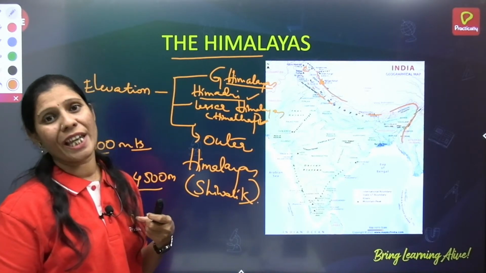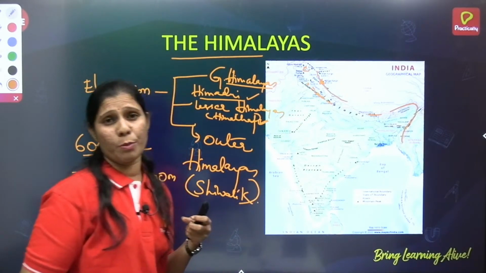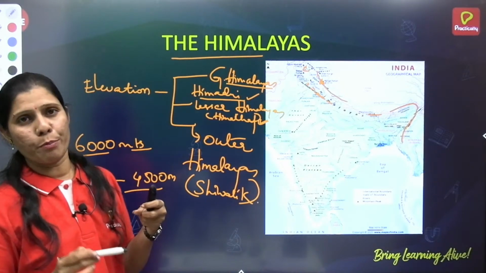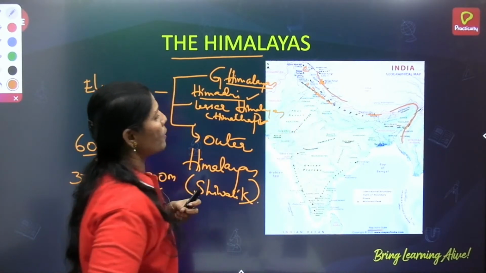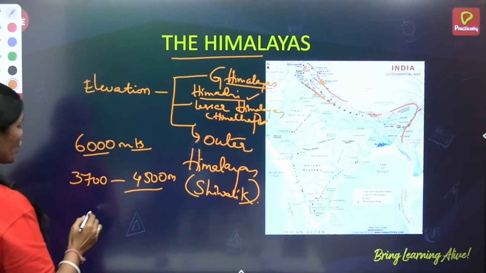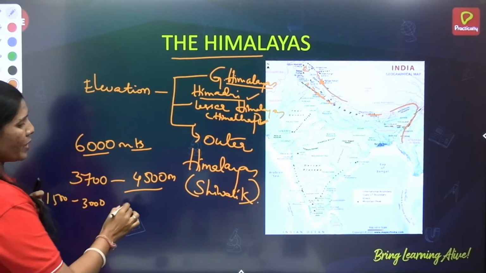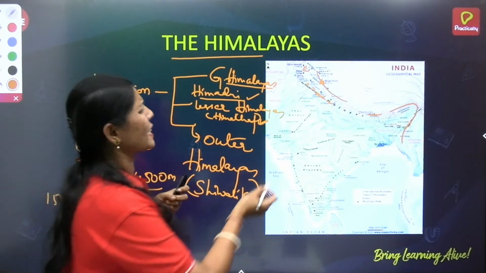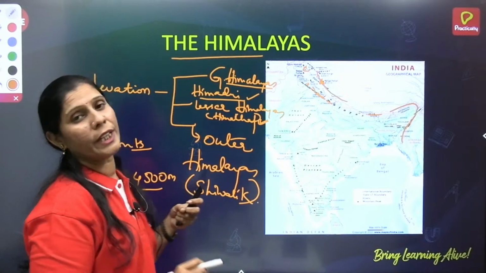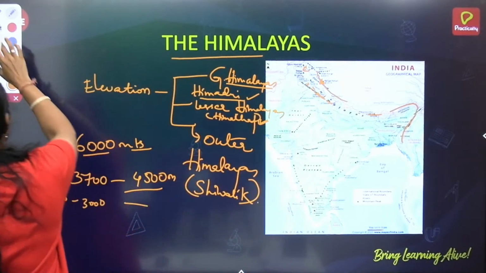We call them Himachal. In this region we find places like Kashmir and the Kulu valleys, which are places of scenic beauty playing a major role in tourism. Coming to the third one, Shivaliks, they are below 3,000, about 1,500 to 3,000 meters. It is completely outer Himalayas, with a forest structure, the foot of the Himalayas.